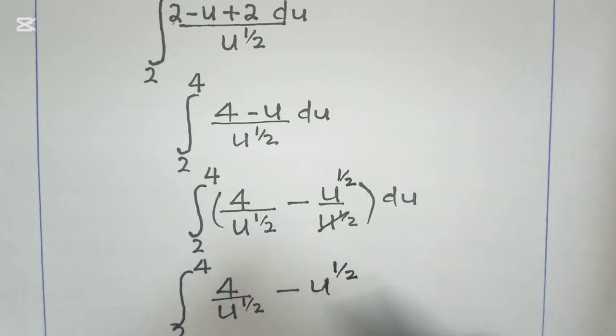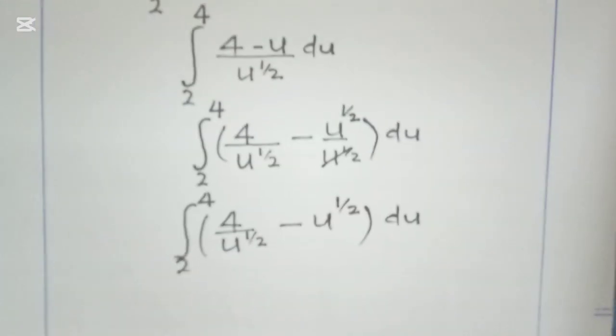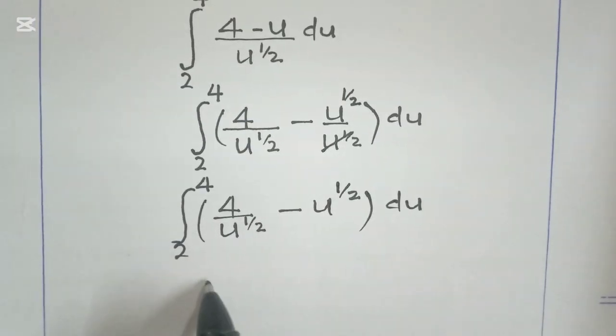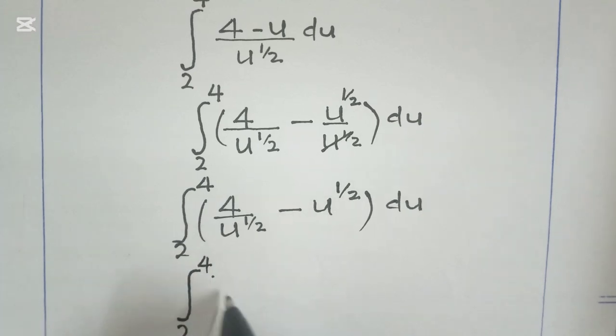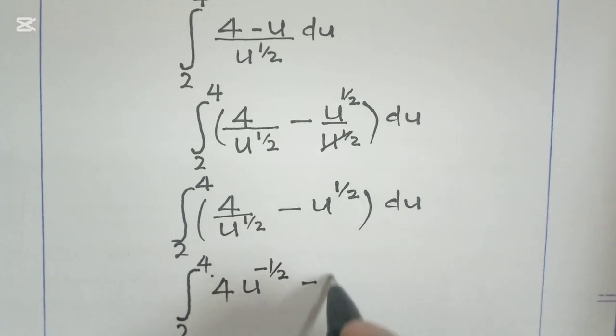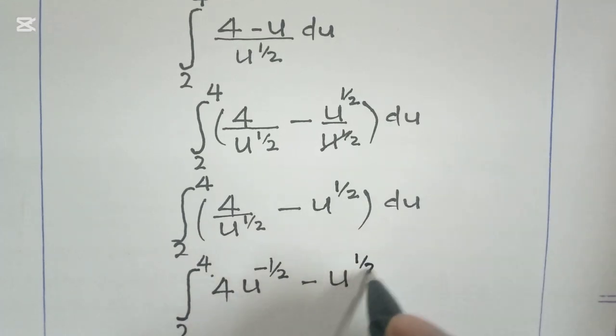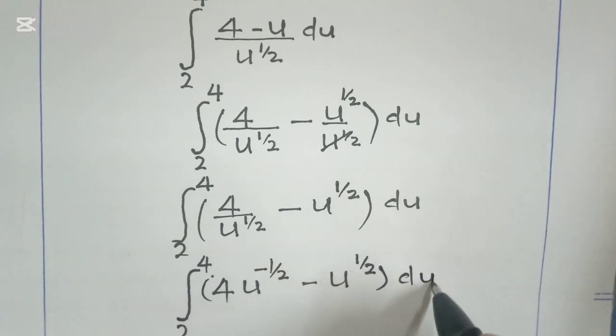Now we come and integrate. But before we do that, we can bring this value up, so that now we have 4u raised to negative a half minus u raised to a half.